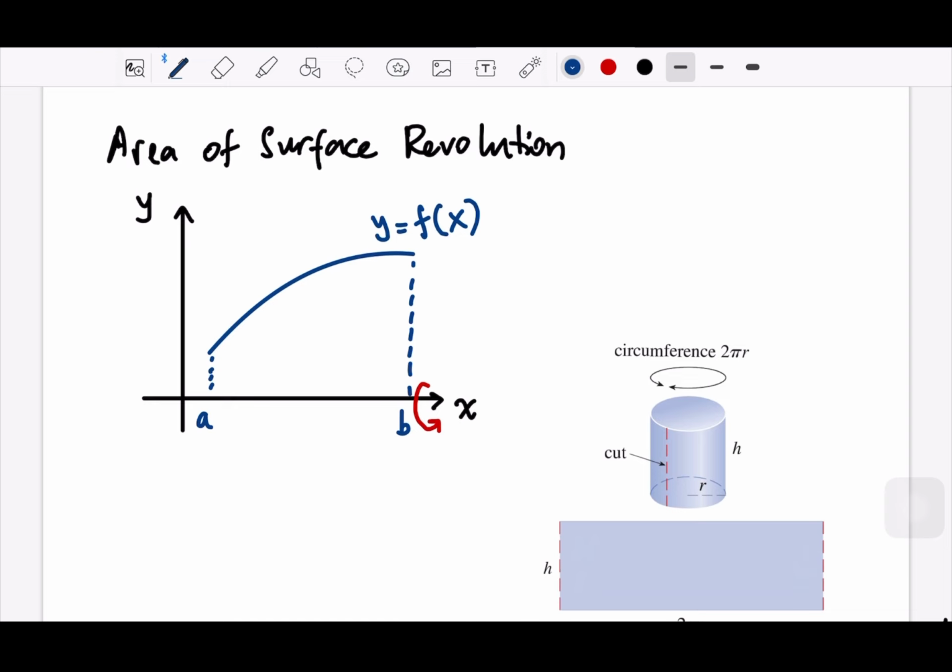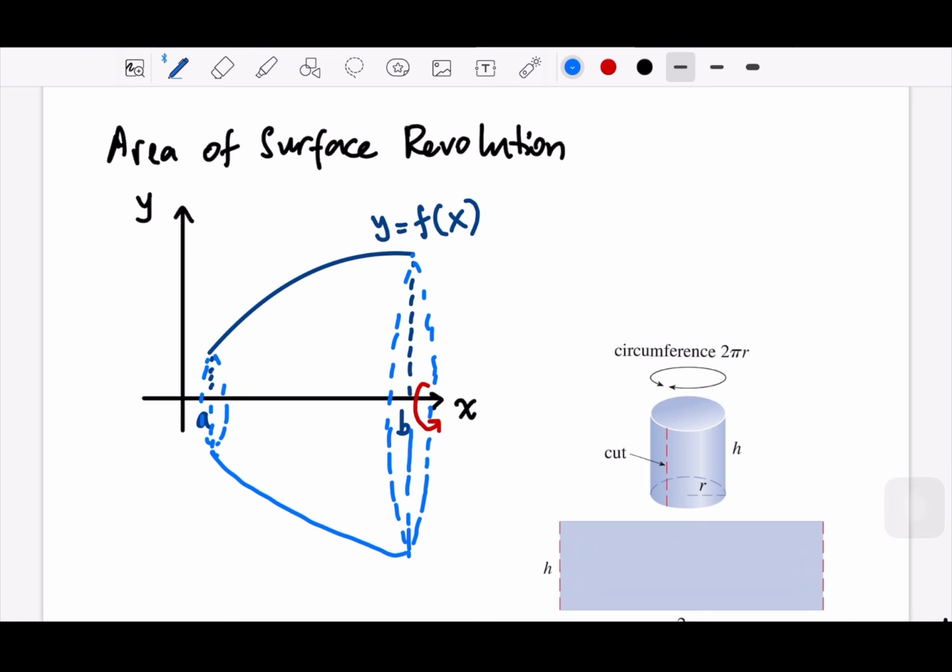Now we could imagine that the curve will rotate. Let's say it goes through here. It also has its rotations, and we get some sort of volumetric shape, right? It has volume.